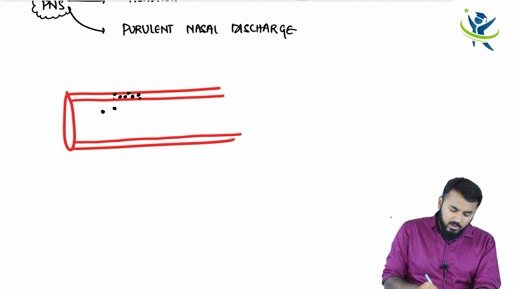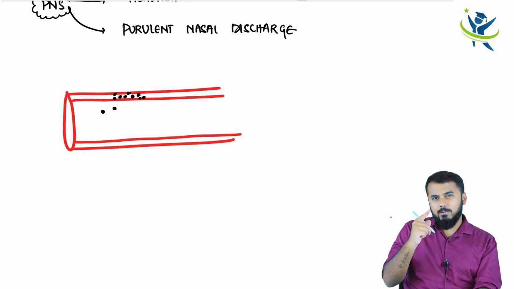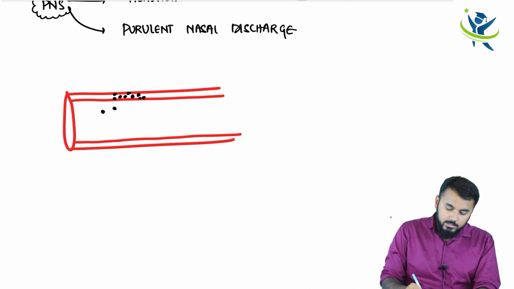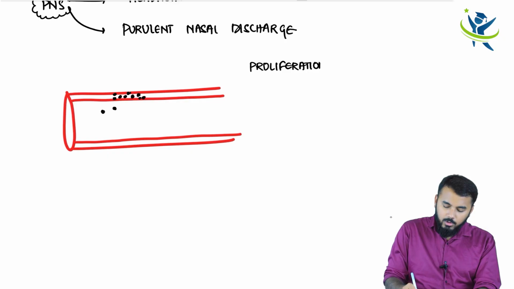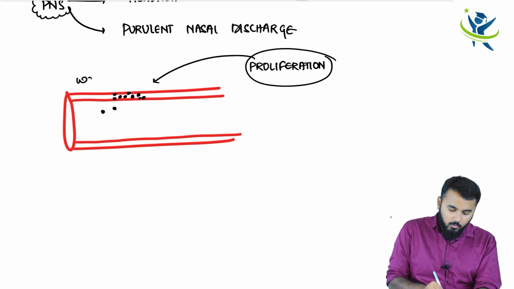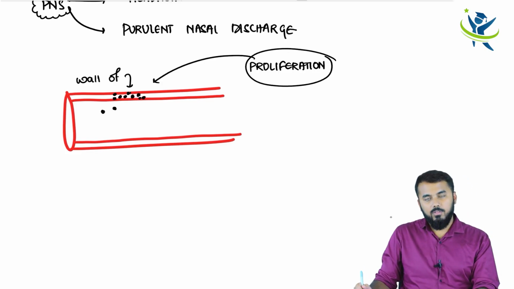What will happen when it proliferates within the wall of the blood vessel? The entire blood vessel will become necrotic, right? So the important point is that proliferation of this fungus mainly happens within the wall of the blood vessel.